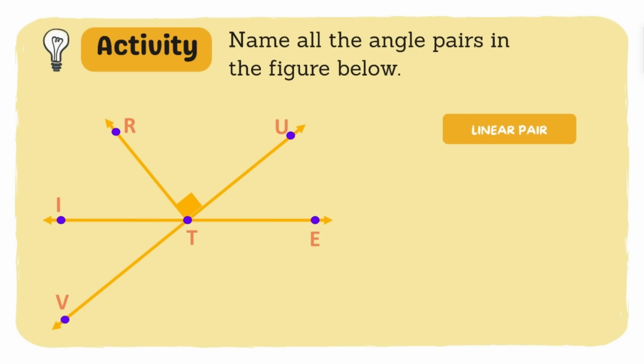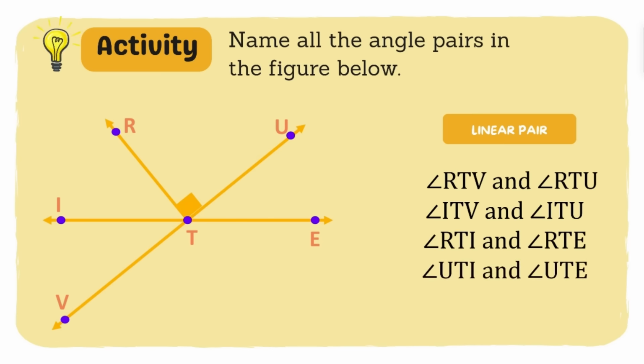Okay, so lastly po is yung ating linear pairs. Remember, linear pairs are angles that are adjacent and at the same time supplementary. So, ito po yung mga linear pairs natin dito sa ating figure. If you remember a while ago, ito rin po yung mga supplementary angles natin. Okay, so we have angle RTV and angle RTU, angle ITV and angle ITU.